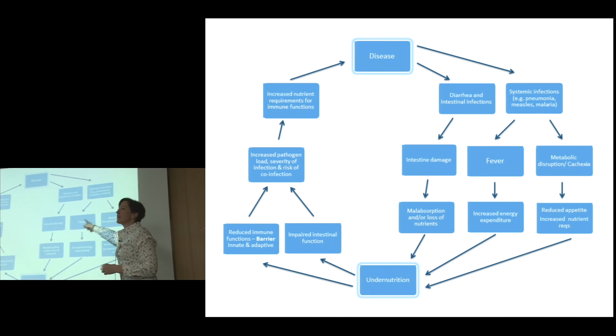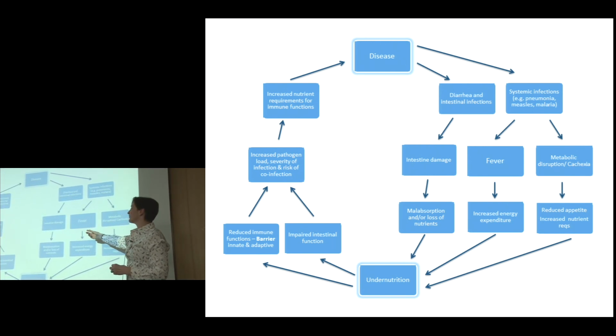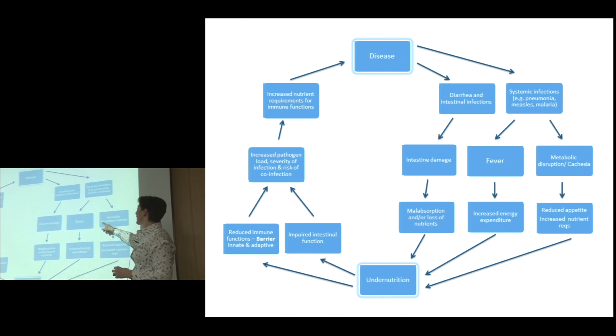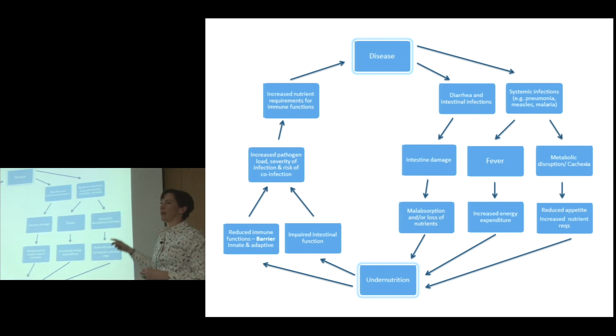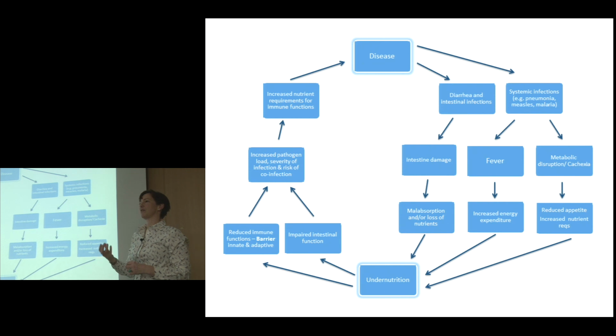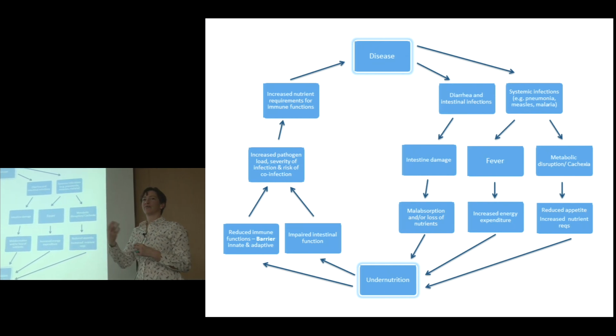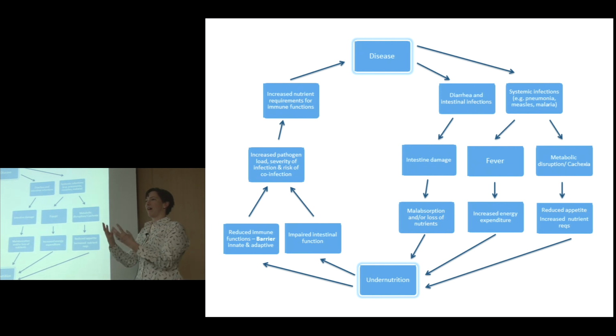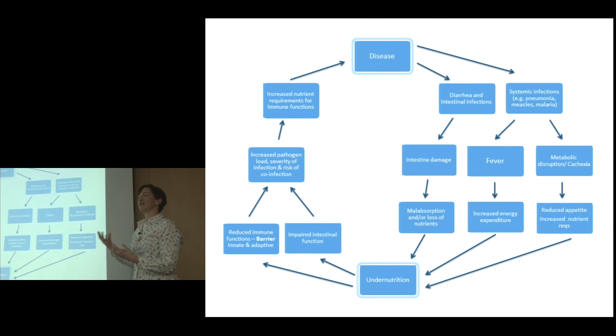So you have increased demands from fever, increased protein requirements. You may also have this metabolic disruption, these cachexic processes, where your metabolism is all directed towards breaking down rather than building up. It's a similar process to cancer. In cancer, you get cancer cachexia, and one of the early signs of having cancer can be unexplained weight loss.